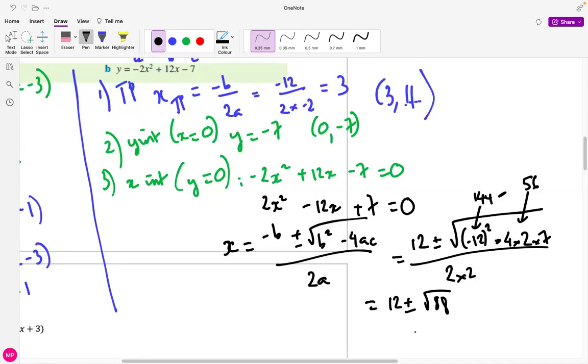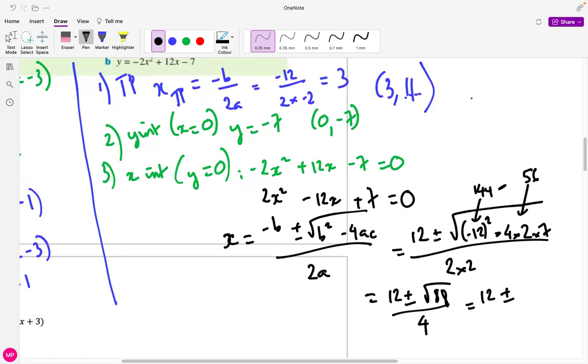over 4. Now you can simplify root 88 by breaking it up further. 88 can be 4 times 22, right? So root 88 is root 4 times root 22.